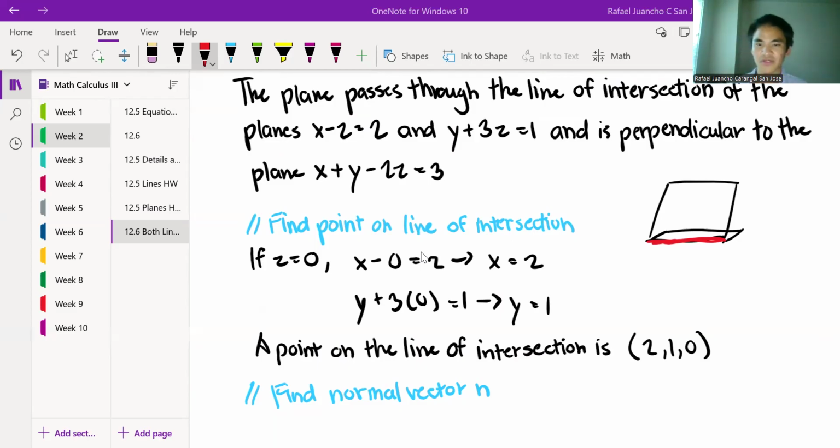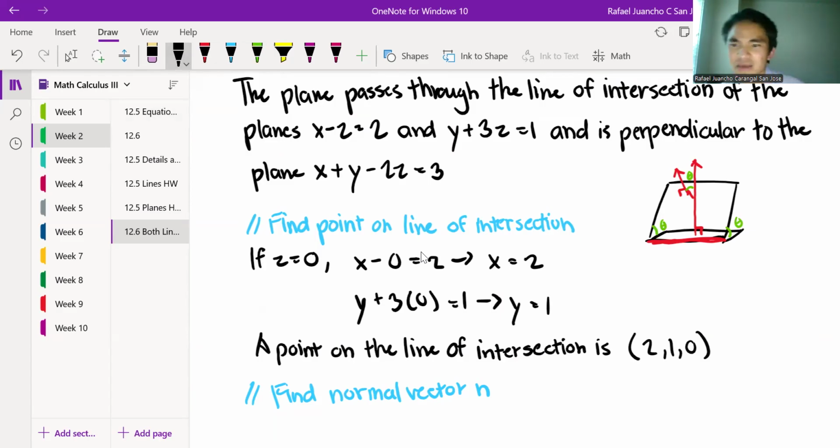We find the direction vector by taking the cross product of the normal vectors of the two given planes. So here we have one normal vector from one plane, another one from here maybe. If I keep going up here and keep going here, then I have some angle theta here, same angle theta here.